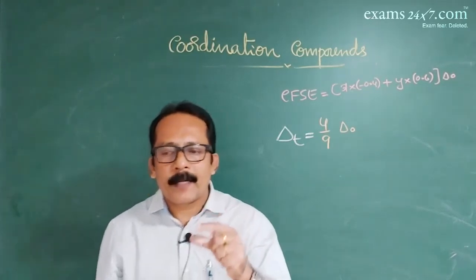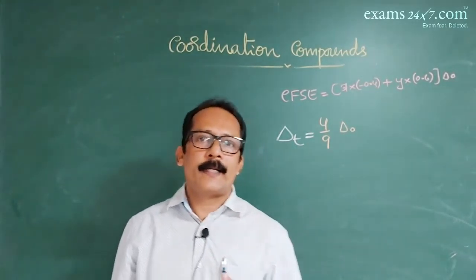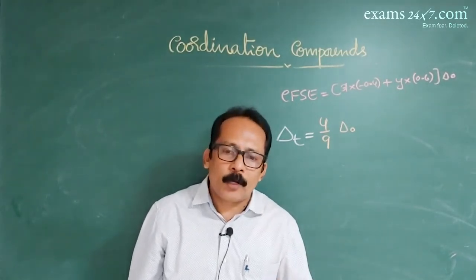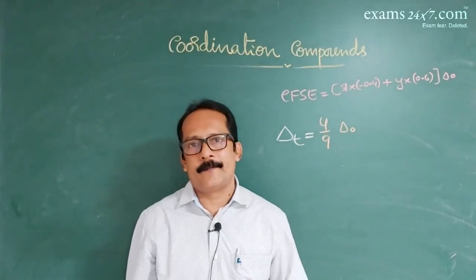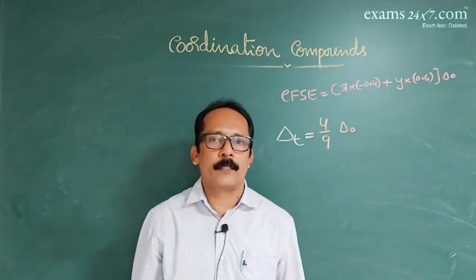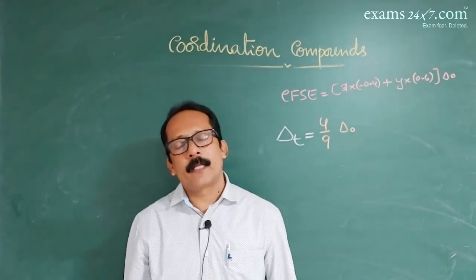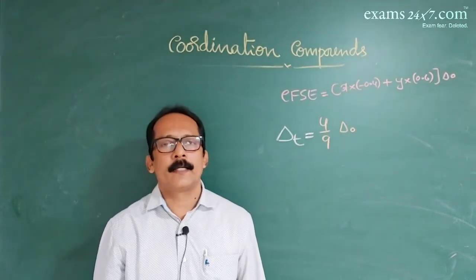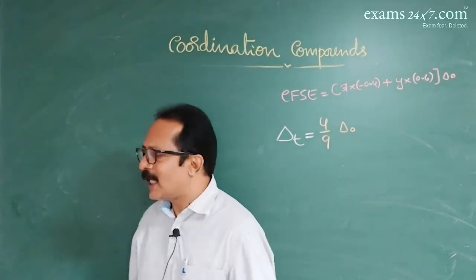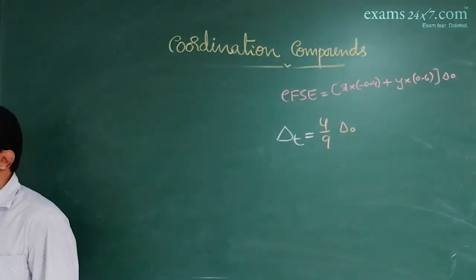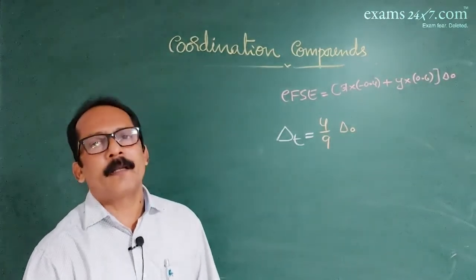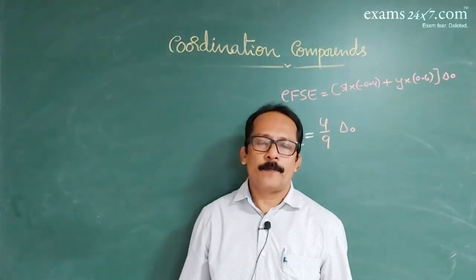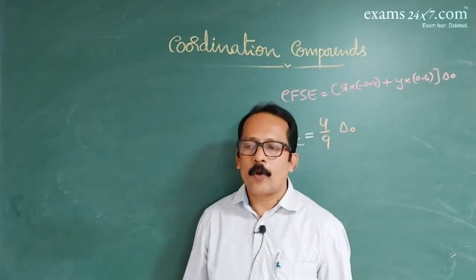For chelating ligands, if the number of coordinate bonds formed per ligand is more, such a complex is more stable. For example, a central metal atom or metal ion bonded with one hexadentate ligand forms 6 coordinate bonds at a time, compared with being bonded with 6 monodentate ligands. In that, the first one is more stable. It also depends on the charge density of the central metal atom or metal ion. And if the basic nature of the ligand is more, greater is the stability of the complex compound.